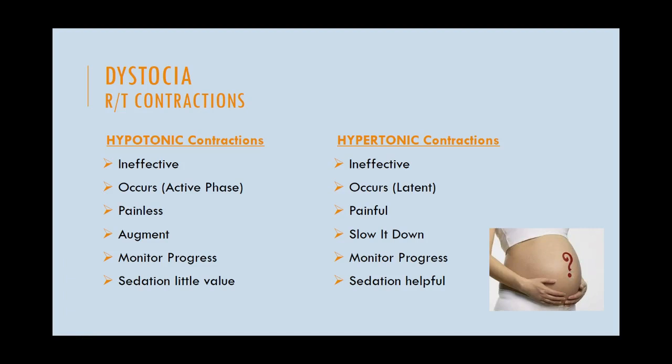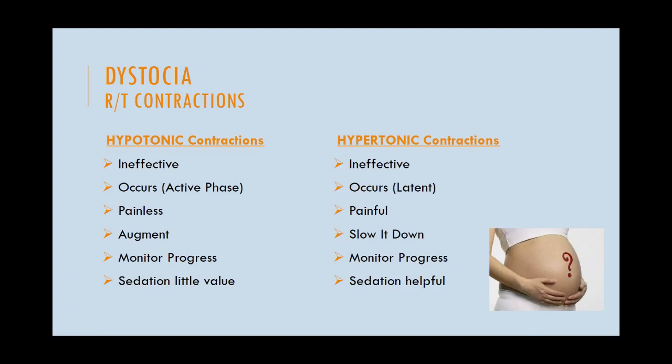So mom hits the active phase, and then her contractions do not become strong enough to progress her over into transition. They're painless, usually, and we can augment these with some Pitocin.